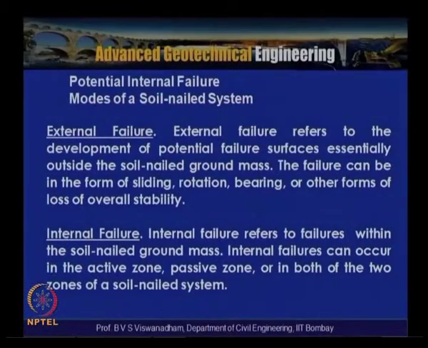There are basically two types: one is called external failure and the other internal failure. The external failure refers to the development of the potential failure surface essentially outside the soil nailed ground mass.